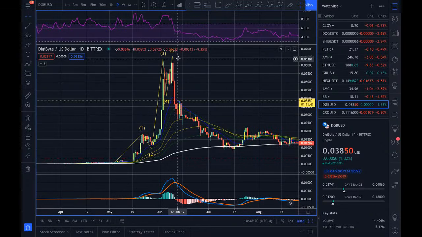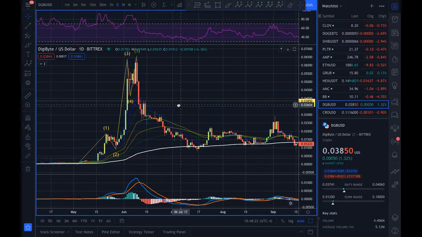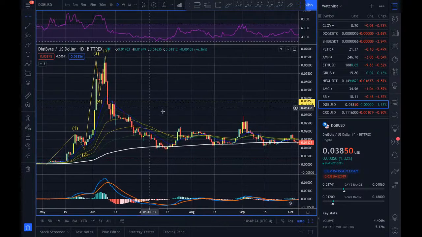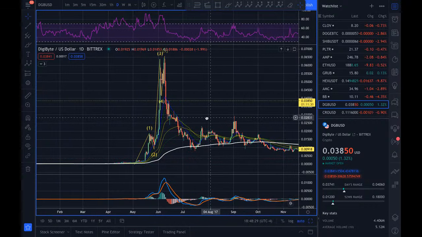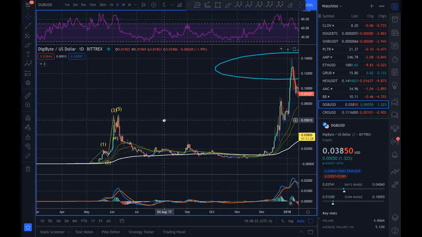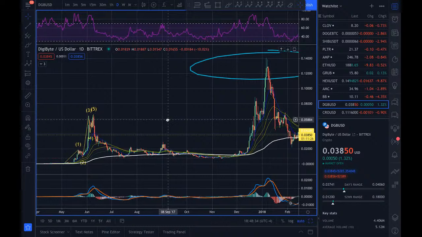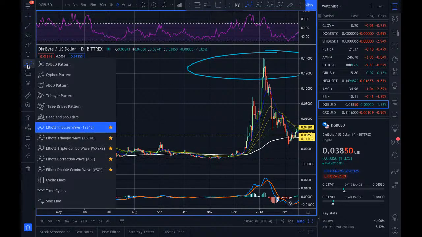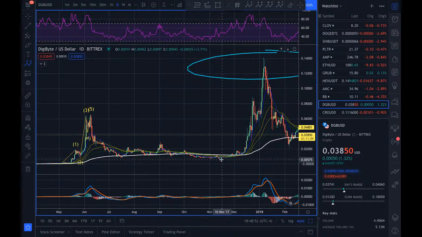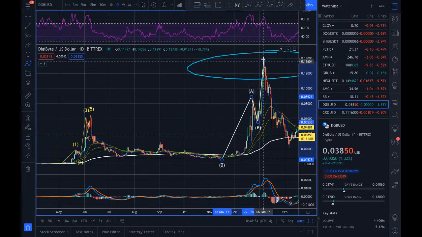And then it went up for another, which looks like 1, 2, 3 right here. 1, 2, 3. I mean, pretty clearly.